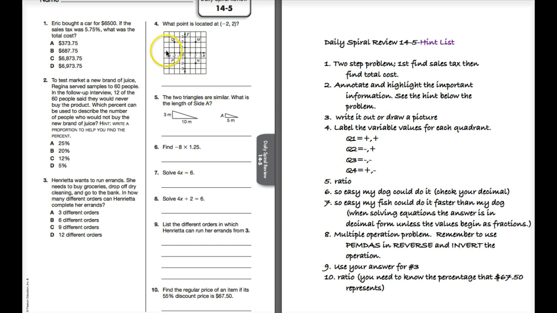So now if we were to go to quadrant 3, which is this quadrant, we've remained in the negative x quadrant, but now we have come below the origin, and we are now going into the negative y axis. So as I have here, quadrant 3 is negative, negative.